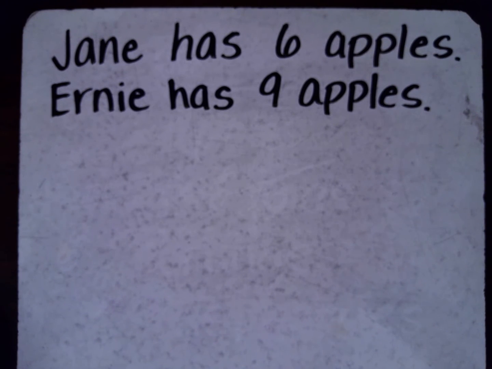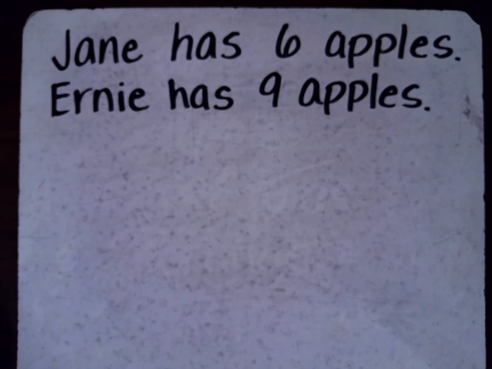One is called a matchup drawing, and the other one is called comparison bars. Matchup drawings are fine for now, but it will be a good idea to practice comparison bars because you will use them later on in the year in second grade, and you'll also continue to use them in third grade. So let me teach you how to use both of them.